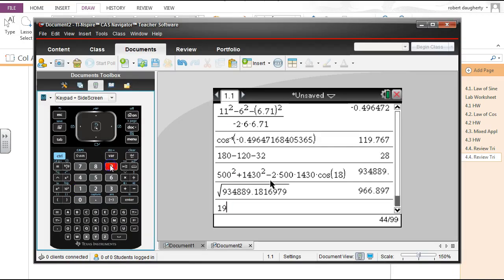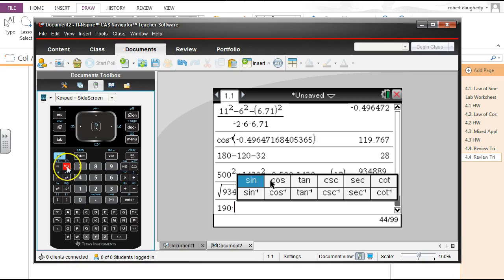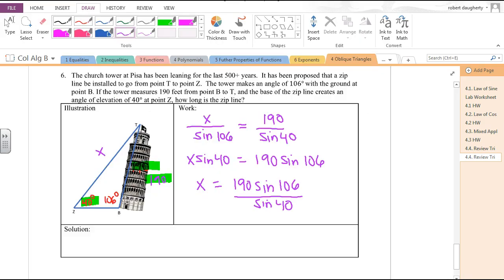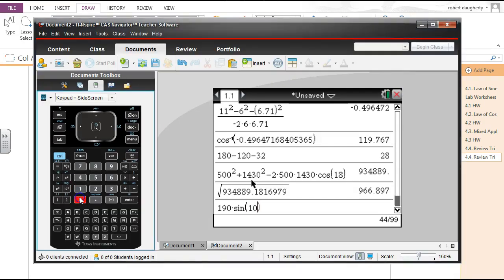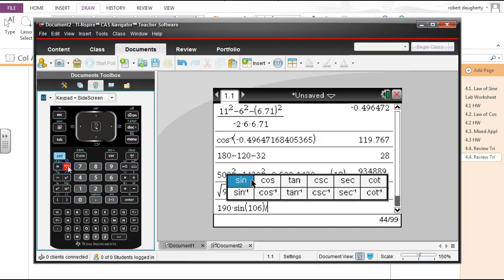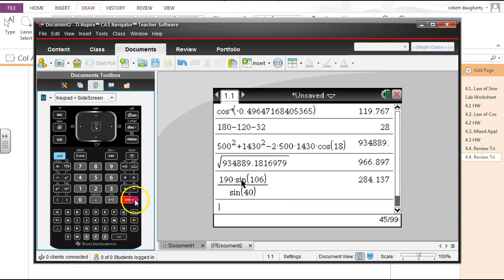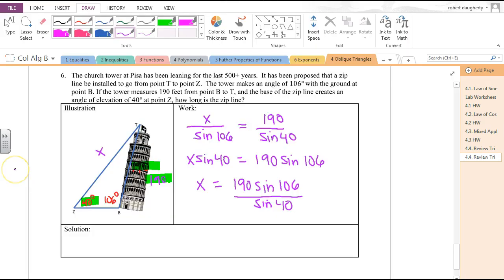So 190 times the sine of 106, and then divide that by the sine of 40, and that is 284.14.